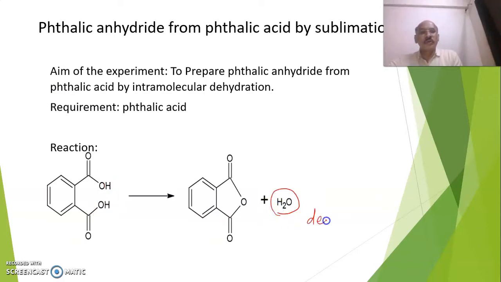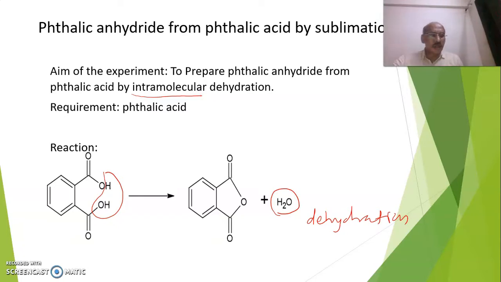So it is removal of water, and it is called dehydration. As the water molecule is removed from the same molecule, from 2 carboxylic groups of the same molecule, it is called intramolecular dehydration. And remember the structure of phthalic anhydride and the structure of phthalic acid. This is the anhydride group.